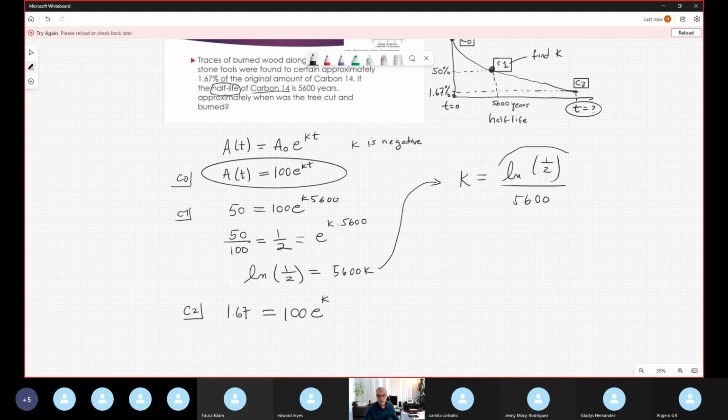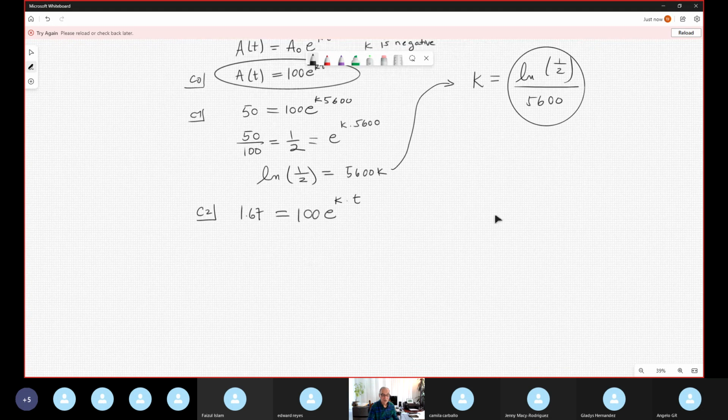This is k, multiplied by t, which I have no idea. Now algebra. You divide both sides by 100. 1.67 divided by 100 is equal to e to the kt.